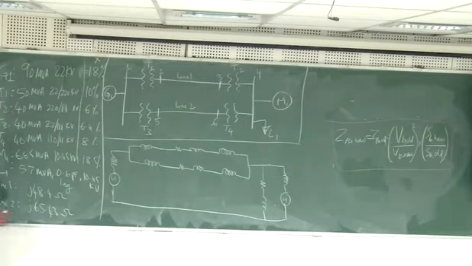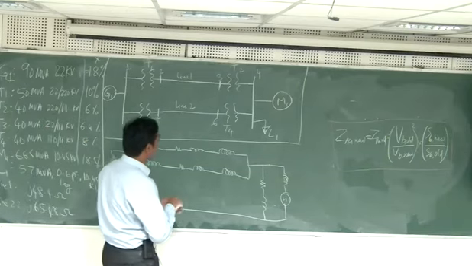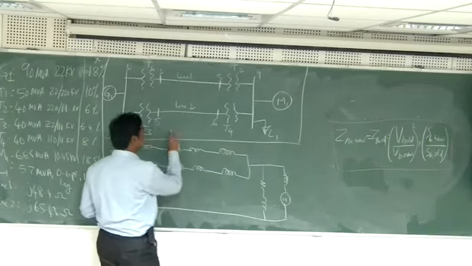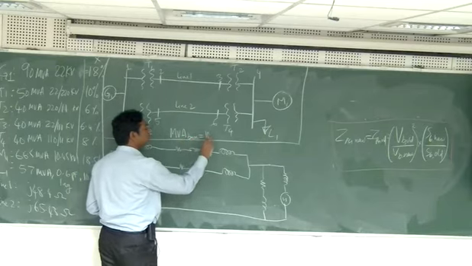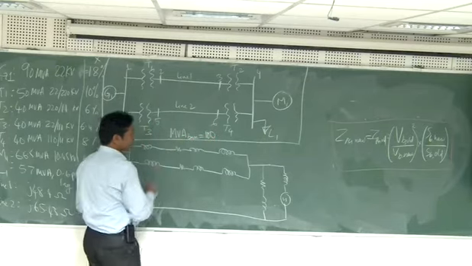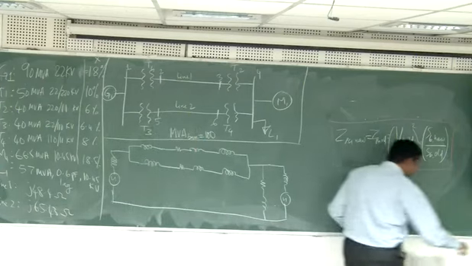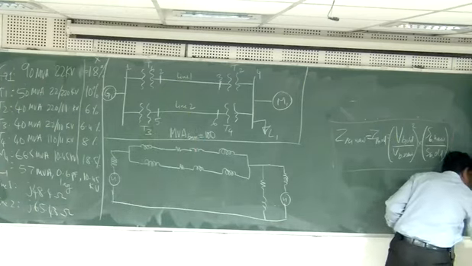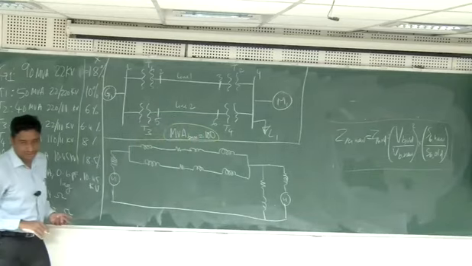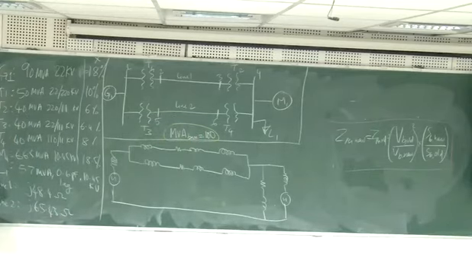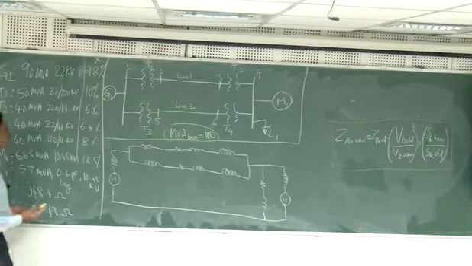So my MVA base is 100. This is the first of my base quantities. There should be a kV base also. Two I have to choose, and the other ones will get automatically selected.